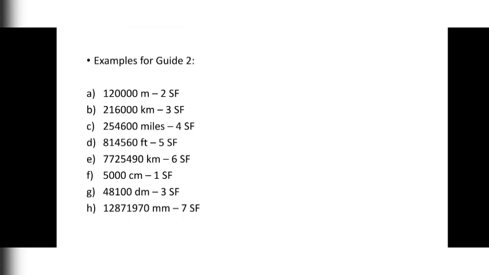For letter G, we have 48,900 decimeters. So it's got to be 3 significant figures because there are 2 zeros among them. For H, we have 12871970. So it's 1, 2, 3, 4, 5, 6, 7. Yeah, there are 7 significant figures.